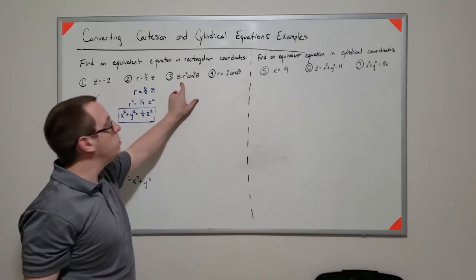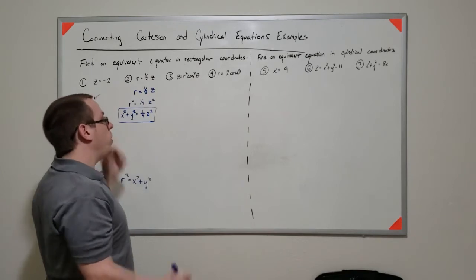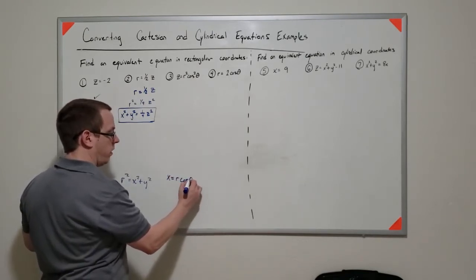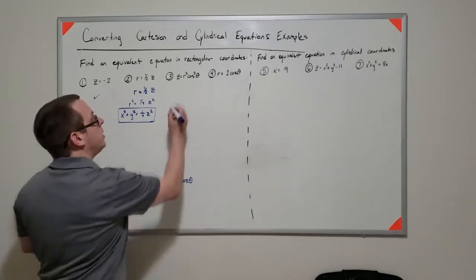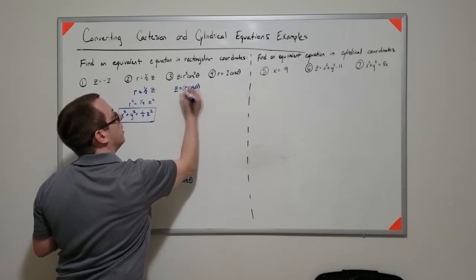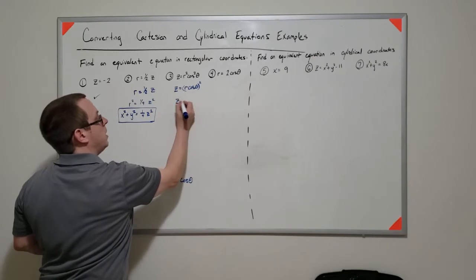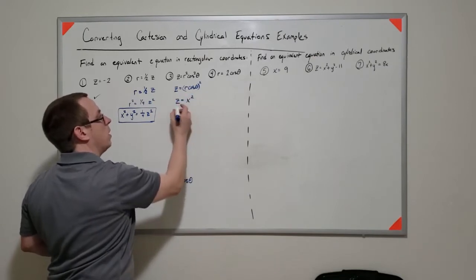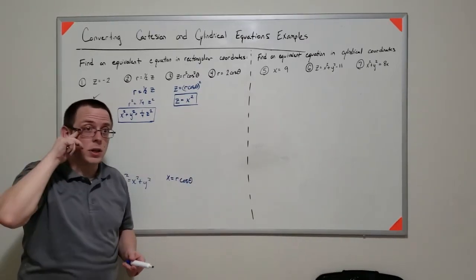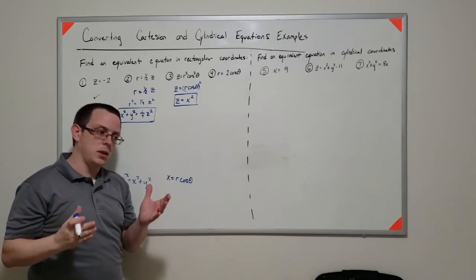Now in this case, we have z equals r squared cosine squared theta. Well, we know that x equals r cosine theta. So what if I instead wrote this as (r cosine theta) squared? Well, then I can say z equals x squared. This is a really good example too. z equals x squared is a pretty easy to understand function, right?